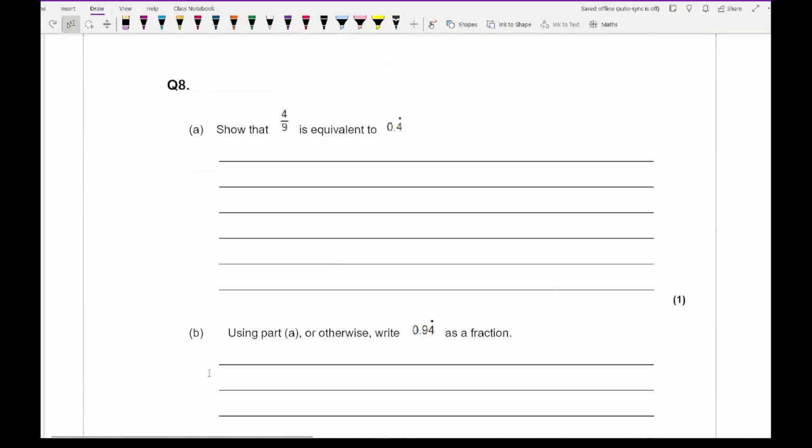Then moving on to question 8, again show that 4/9 is equivalent to 0.4 recurring. Now again, there's no mention of the word algebra, so you could either go from the decimal to the fraction, or you could go from the fraction to the decimal. It's entirely up to you, but seeing as we've done this already, let's just quickly do it algebraically.